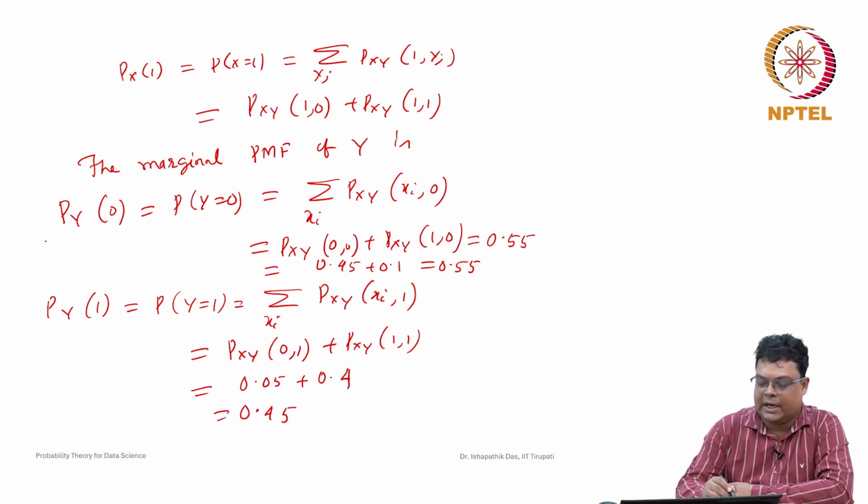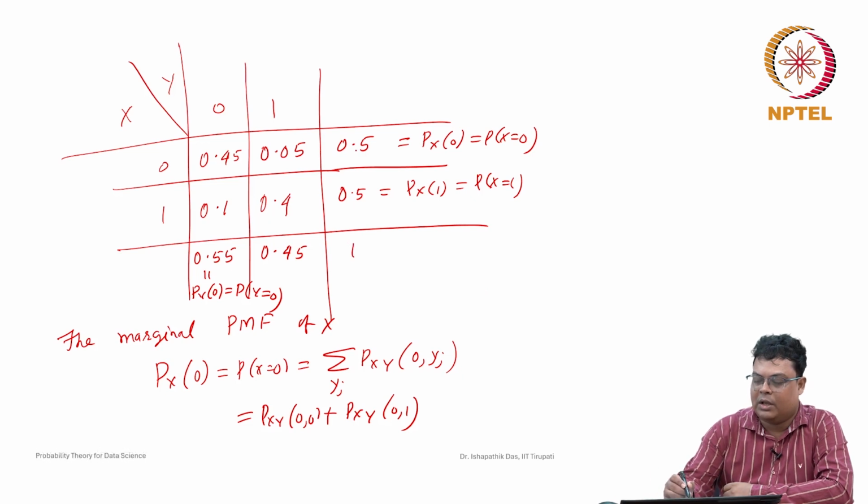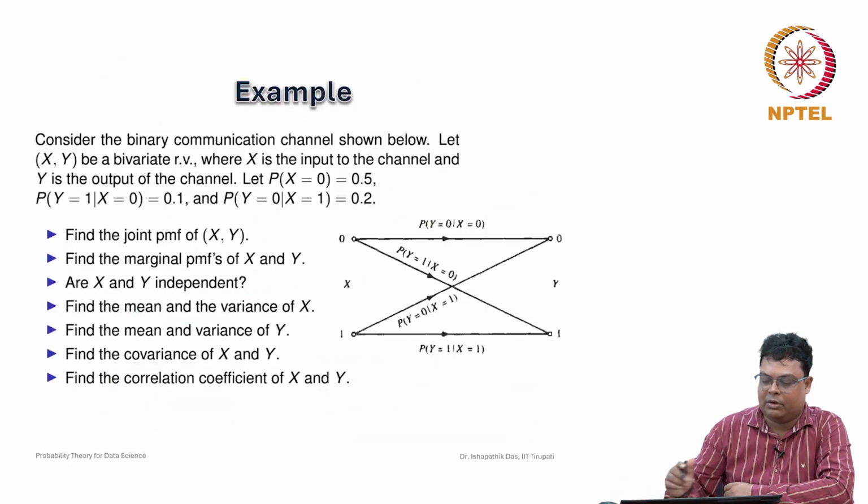Note that it has to be a probability mass function. If you take this sum, 0.45 plus 0.55, it is equal to 1, and similarly 0.5 plus 0.5 is also equal to 1. So this is the marginal probability mass function we found as per the question.